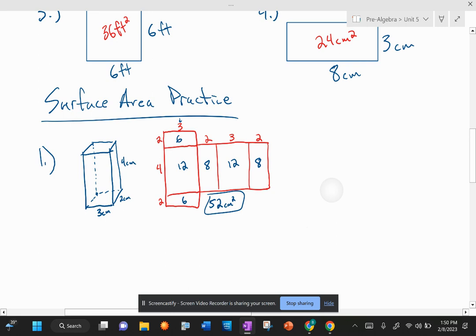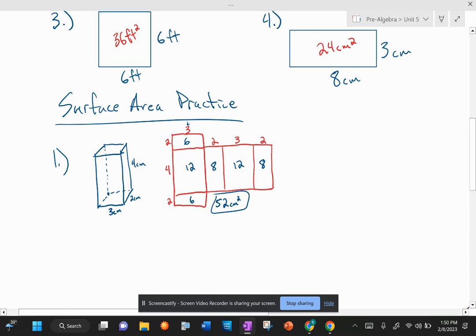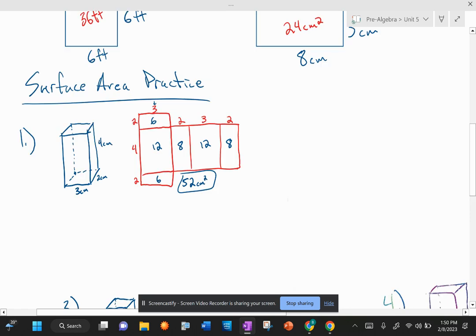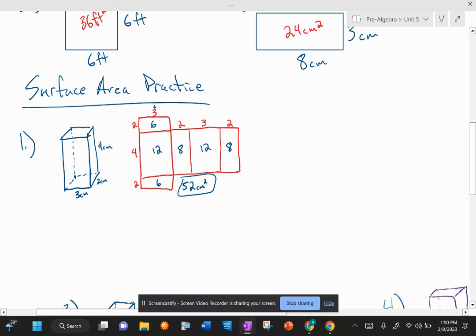Let me see if I have the other one drawn already. Yep, because the height is 4. Right there. Because the middle one was a 2, or was a 3. So this part right here was 3. And then this part right here is 4.